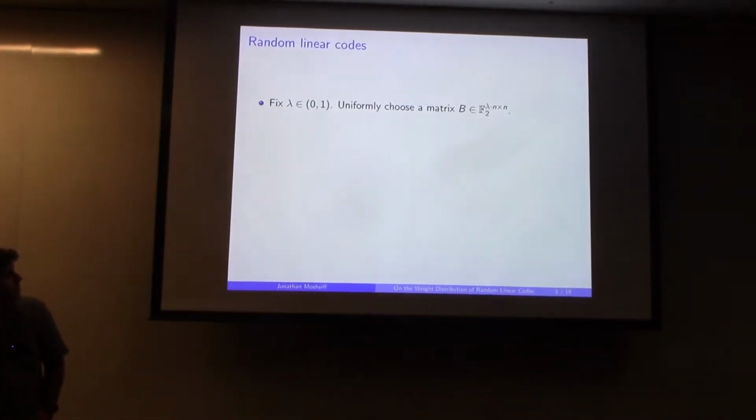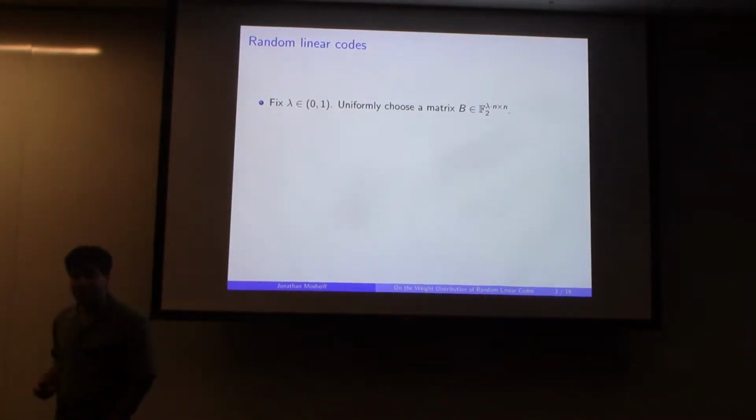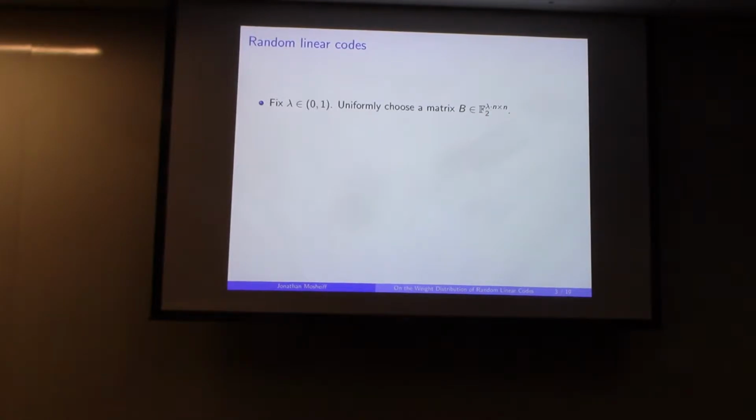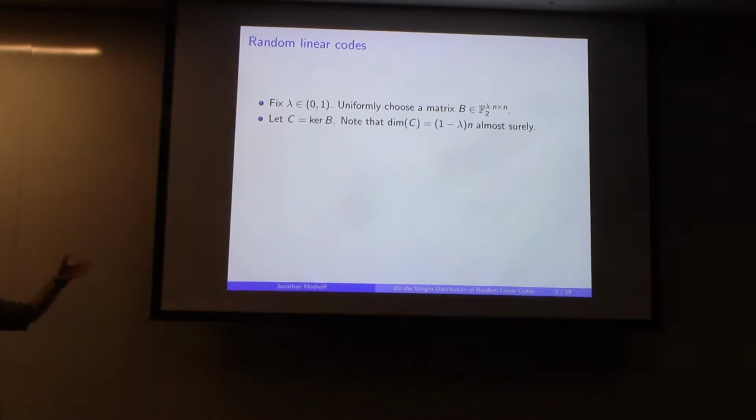And I choose a bit matrix of size lambda n by n. And then I just take my code to be the kernel of this matrix. Almost surely, we're going to get something with dimension 1 minus lambda times n. It's possible that we get something with slightly larger dimension, but almost surely the dimension is 1 minus lambda n. This random C is what we're going to call a random linear code, given this lambda.